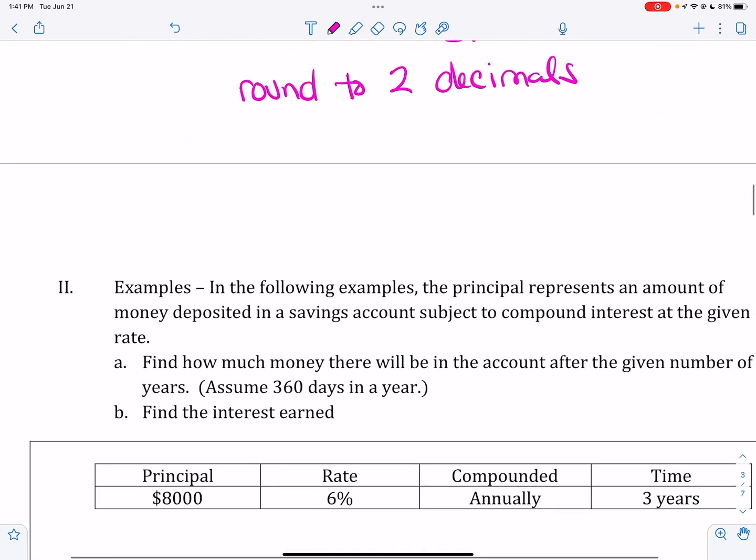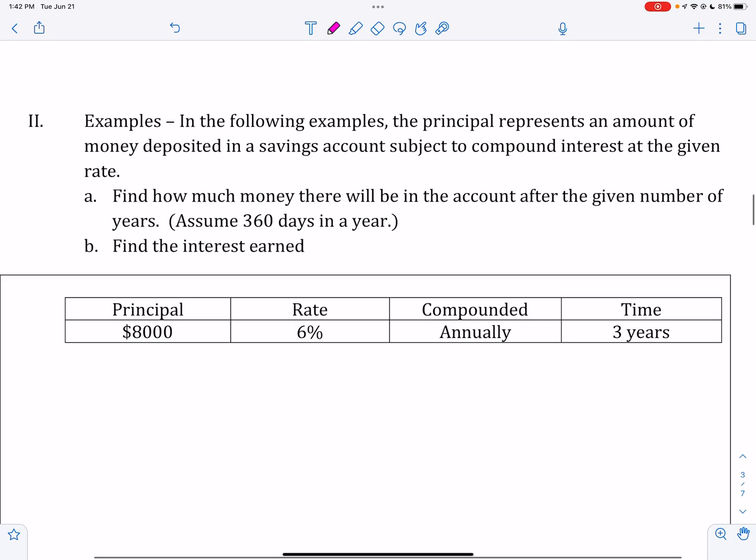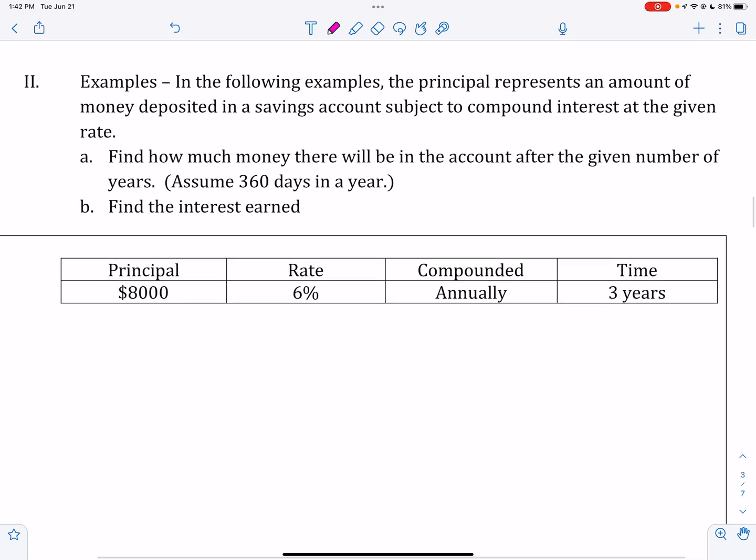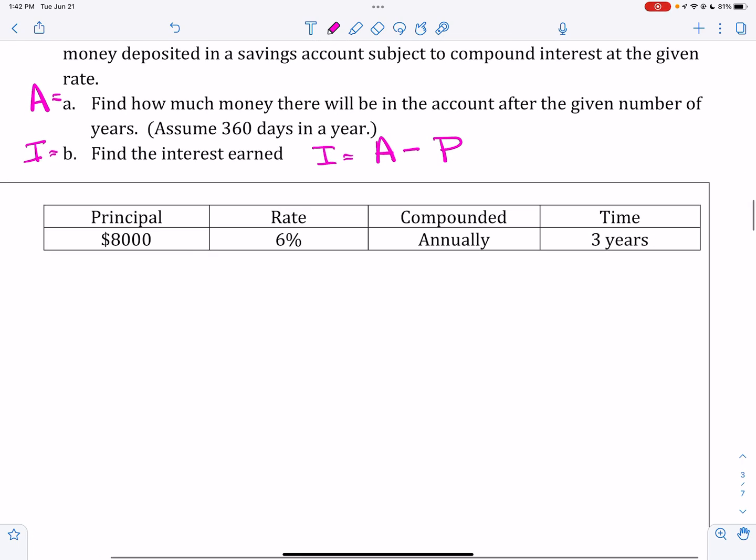Now, sometimes they'll have 2 parts to the problem, like these next ones. You'll have to find the A, which is the accumulated amount, and then you will have to find the interest, which the interest is always the accumulated amount minus the principal. Okay, so as I go through my chart, I change my percent to a decimal.